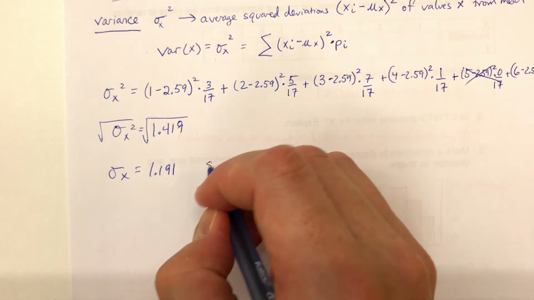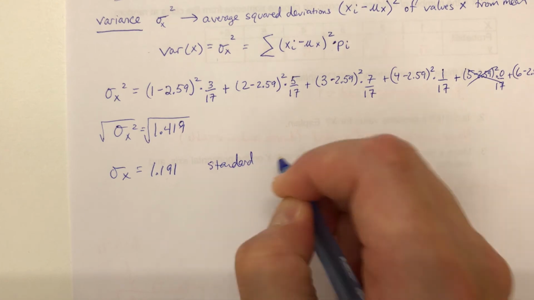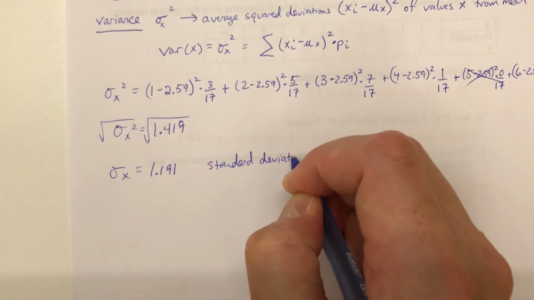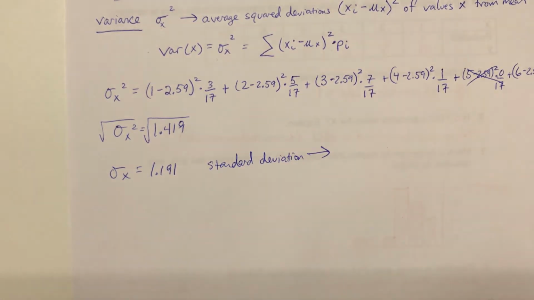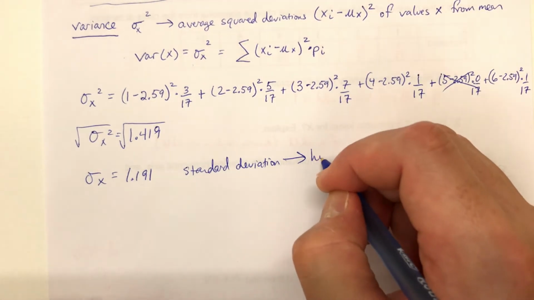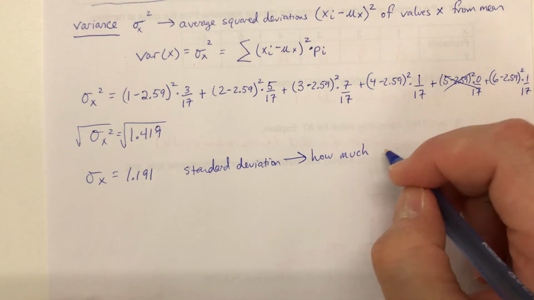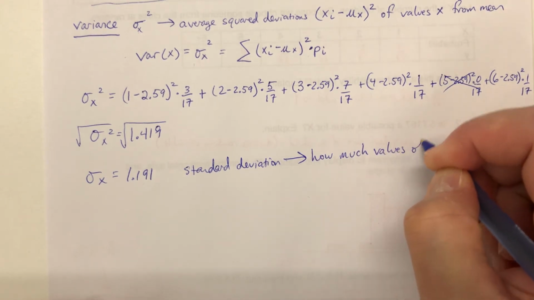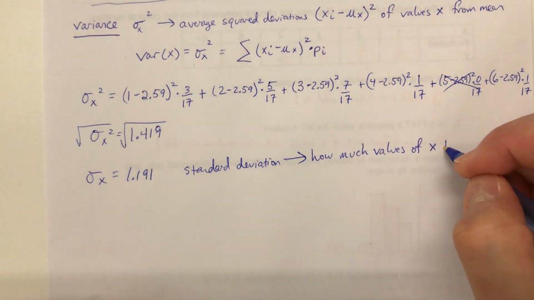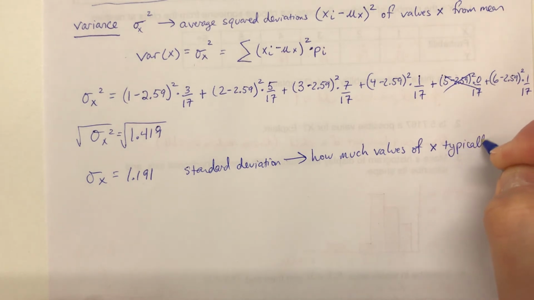Okay, so now let's write down in words the standard deviation. Now the definition from chapter 1 is how much our values of x, whatever that variable is, typically vary from the mean.